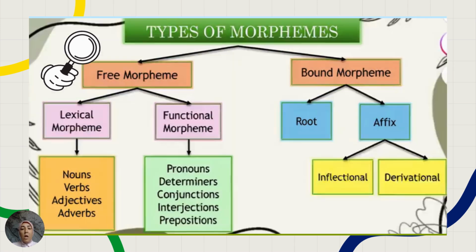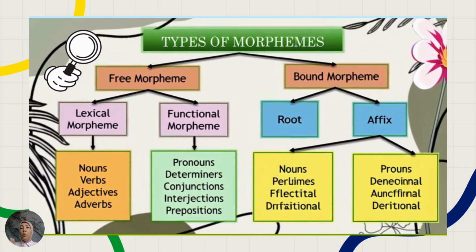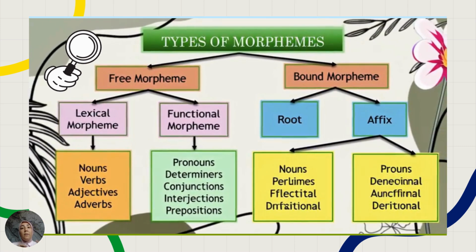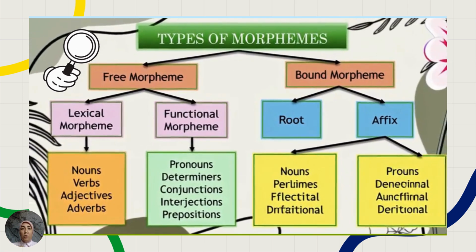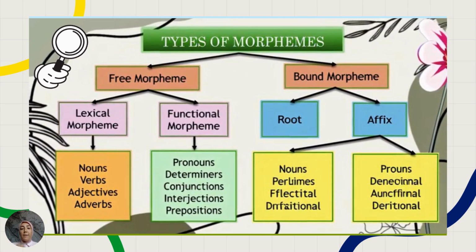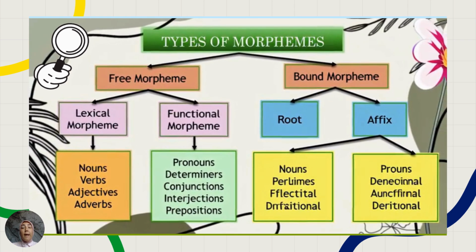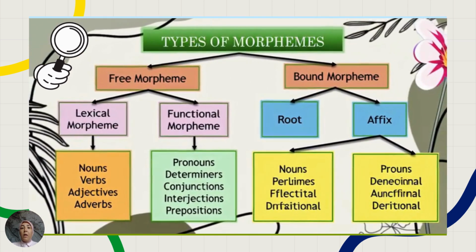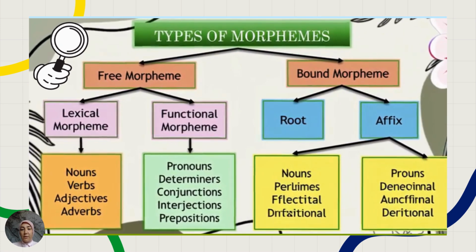Affixes, in brief. Root morpheme is the main part of the word which carries the basic meaning, and affixes are other parts which are added to the word. For example, if we take the word, let's say, unhappiness, happy is the root morpheme, un is a prefix, and ness is a suffix.